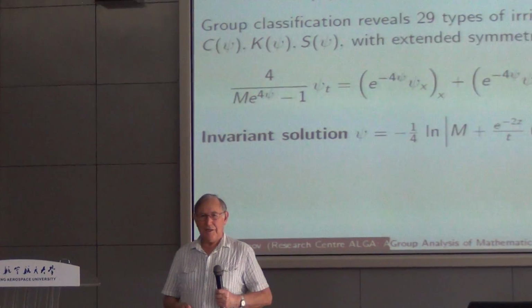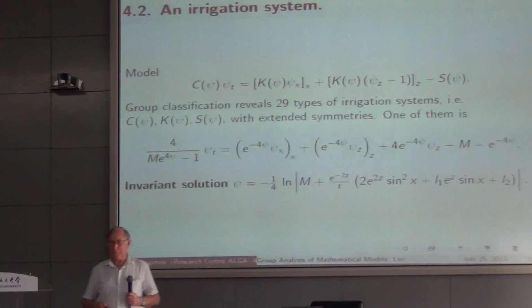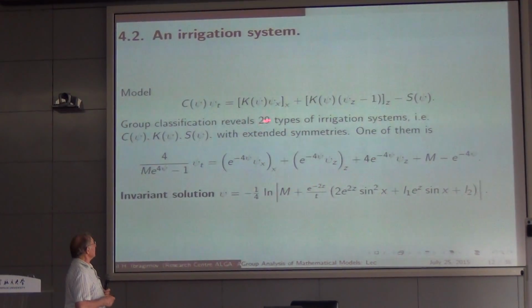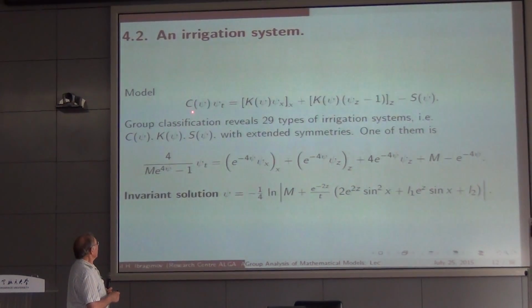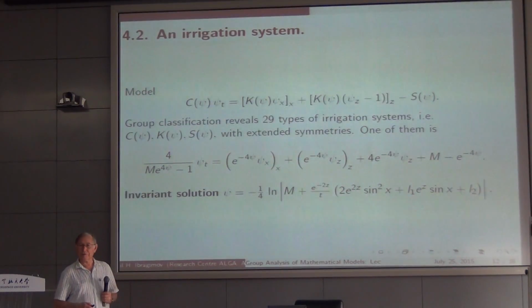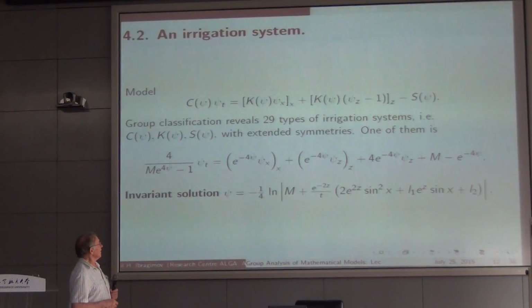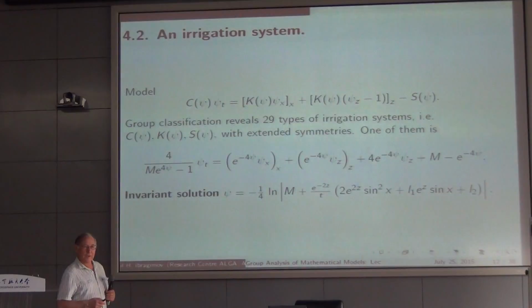What does it mean? It uses symmetry properties, determining equations. First of all, you find the symmetry which is admitted for any unknown functions C, K, and S. There are three functions of one variable, psi, and the independent variables are T, X, and Z. So T is time.